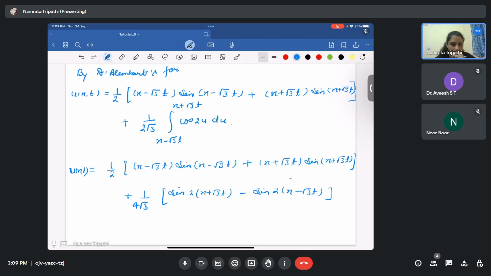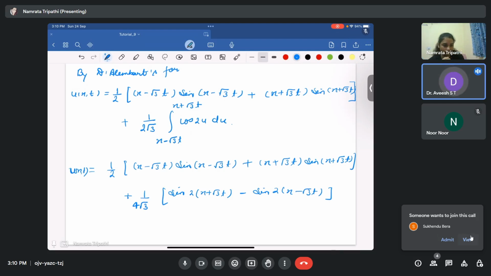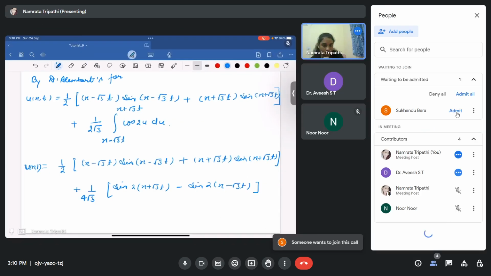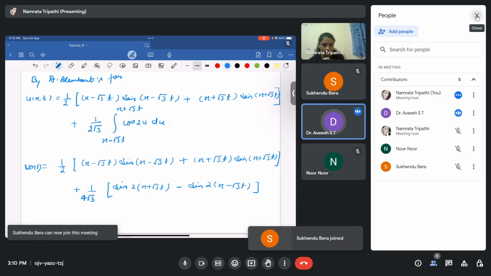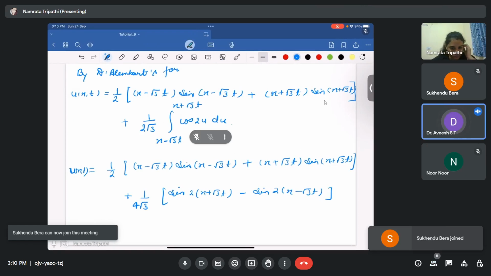Is it clear? Is there any doubt in this question? Ma'am, c means root 3, yes? Yes. Since u_tt minus 3 u_xx is given, c squared is equal to 3, or c is equal to root 3.